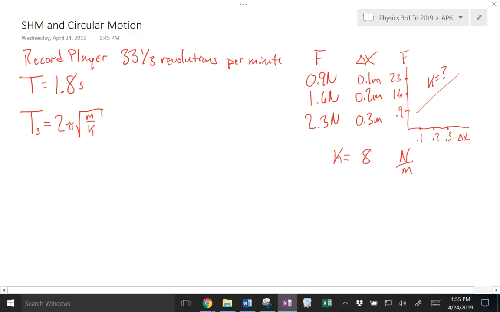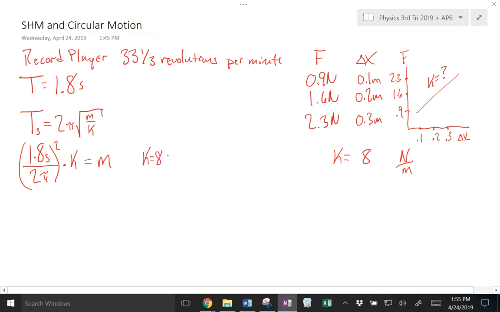All right, so if we've got a period of 1.8 seconds, we divide that by 2 pi, that gets squared, multiplied by that k, that should give us the mass.